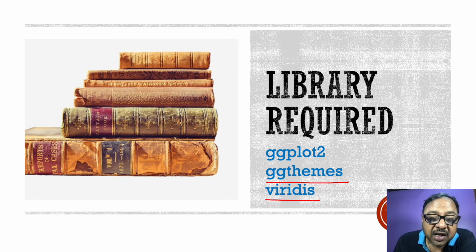In our case, we will be visualizing data over 12 months. So we will require a color palette which actually gives 12 distinct colors. So Viridis is one such library which does that. So we will use that. So the bottom line is that we will use ggplot2 for creating the graphs, ggthemes to beautify the graphs and the various aspects of the graphs, and Viridis we will use for the color palettes.